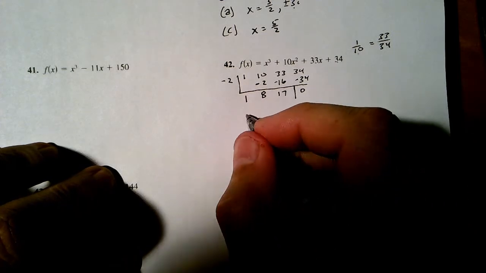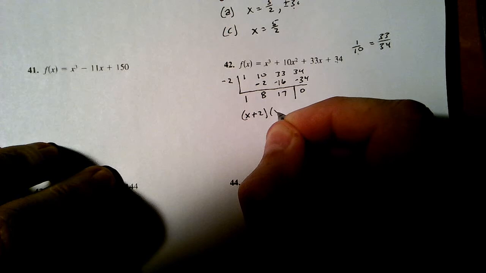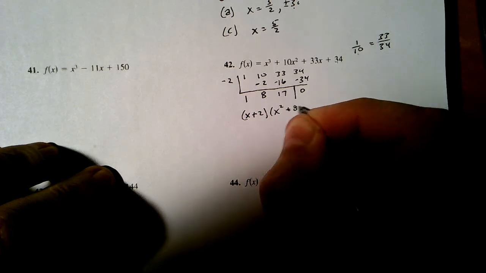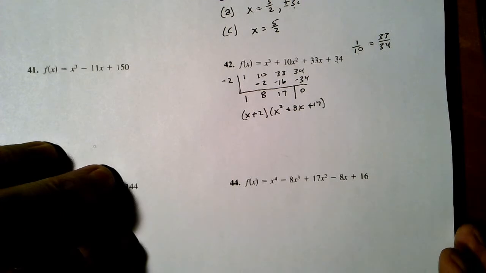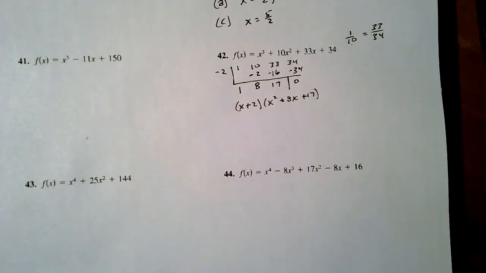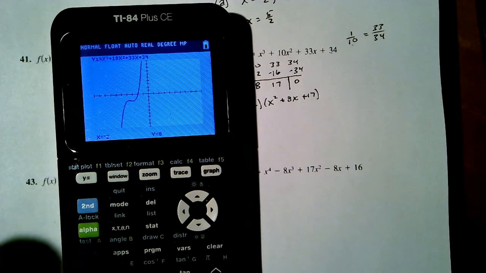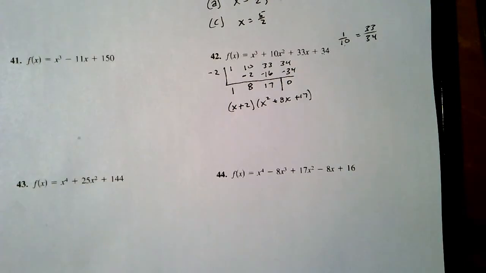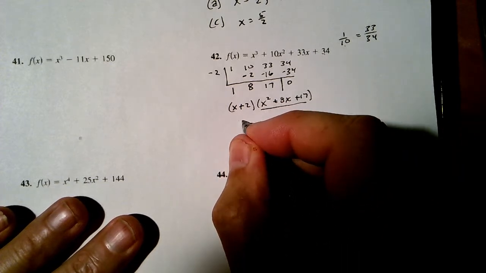So right now this is factored into x plus 2 times x squared plus 8x plus 17. Now, will that factor? No way. We're going to have imaginary zeros. So we got to get those from quadratic formula. So quadratic formula.